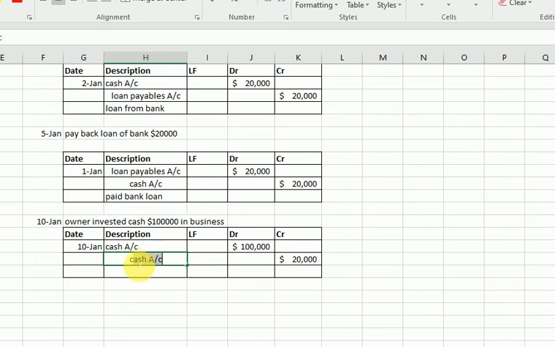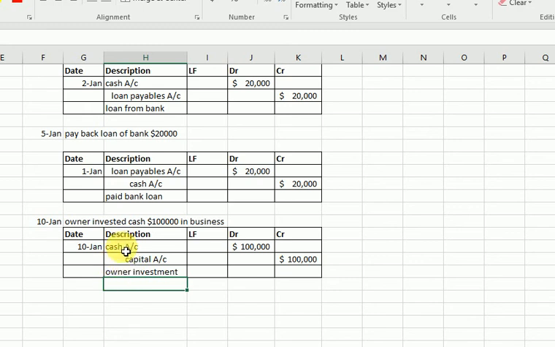Clear? So capital account is credited. Increase in owner equity or increase in capital is recorded as a credit by $1,00,000, or owner investment. Here we write owner investment. This is called narration. Narration means short explanation.